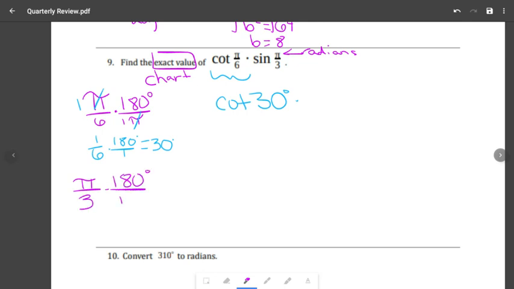Multiply by 180 over 1 pi. First pi has a 1 in front of it, and again the pi's cancel. So on the calculator, 1/3 times 180, you should get 60. So that second one becomes sine of 60.